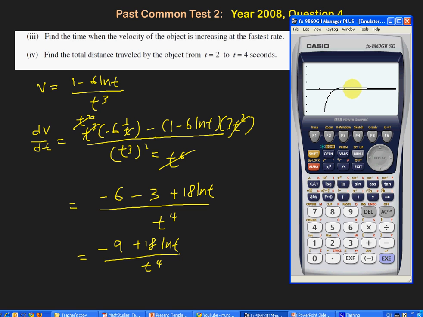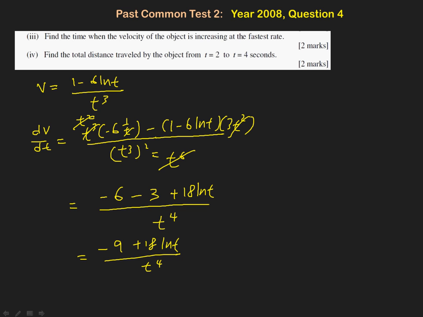Okay, let's draw this. So you can see there's a maximum here. So using the calculator, get a maximum. Let's wait for it. So the answer is 2.11 or 2.12.